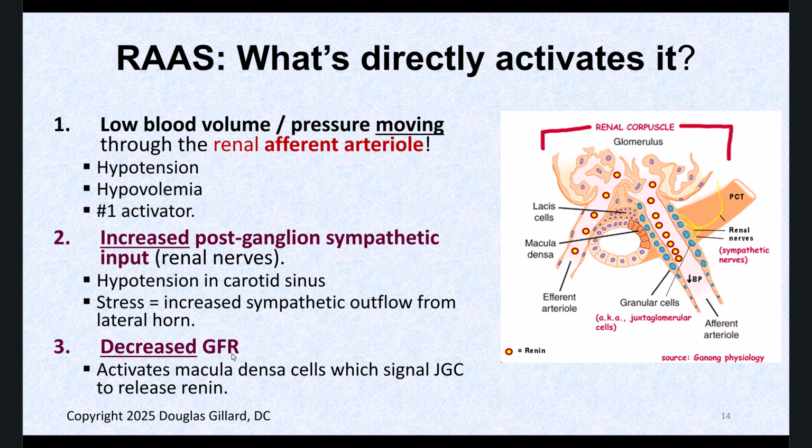If the river slows down too much, if the GFR slows down too much, they get too much time to pick out salt, sodium chloride, and the filtrate becomes not so salty. And by the time the filtrate reaches these macula densa cells, it's very hypotonic, and it drives these things crazy.